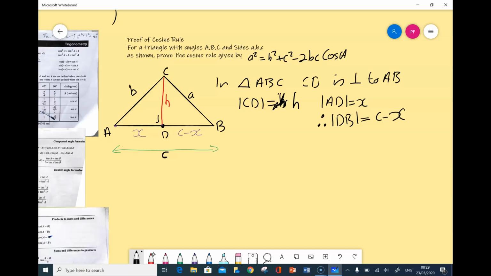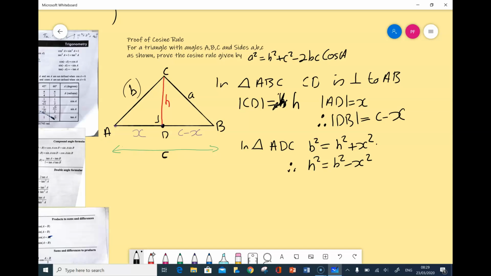In ADC, we're just going to use Pythagoras' theorem. Obviously, b is my hypotenuse. So in triangle ADC, the hypotenuse squared equals the sum of the other two sides squared. Just like in the sine rule, I'm going to get h on its own, so h squared equals b squared minus x squared.